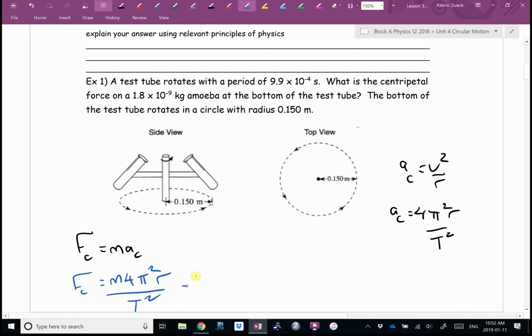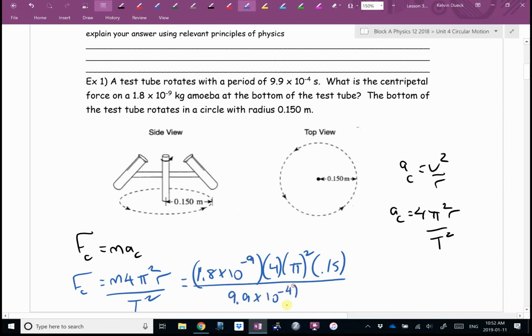So it's going to be 1.8 times 10 to the negative 9 times 4 pi squared times 0.15, all divided by 9.9 times 10 to the negative 4, squared.